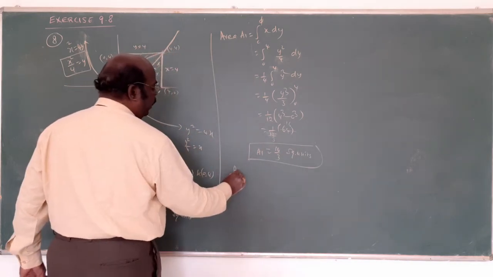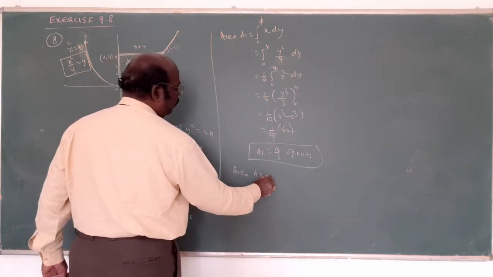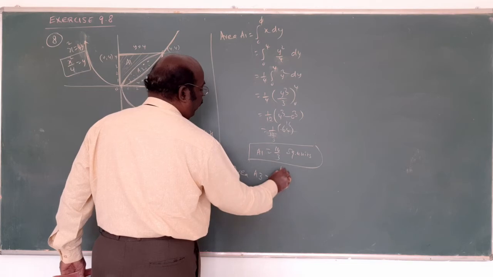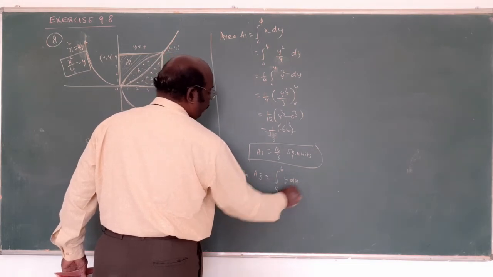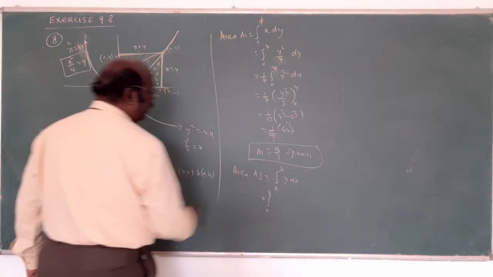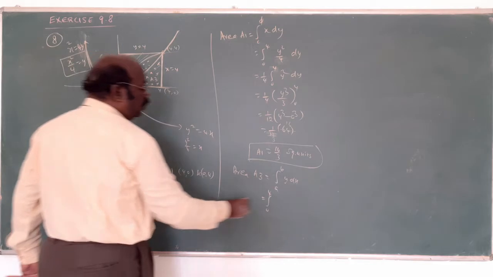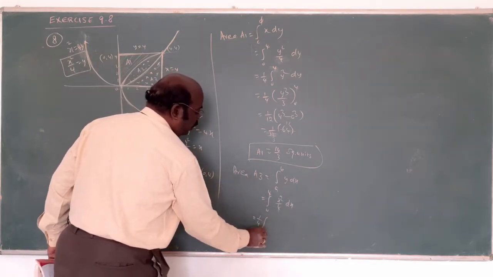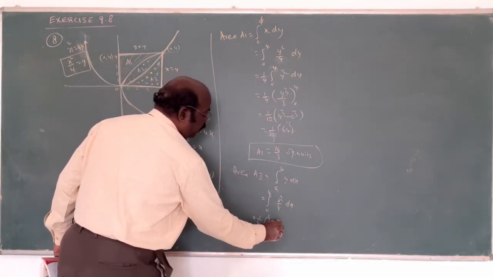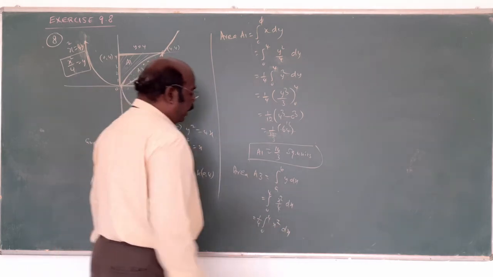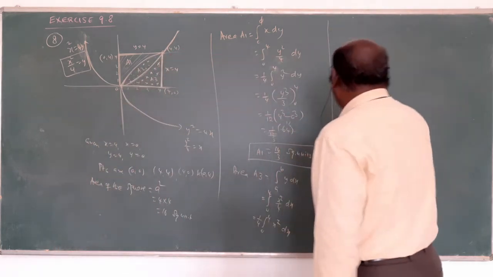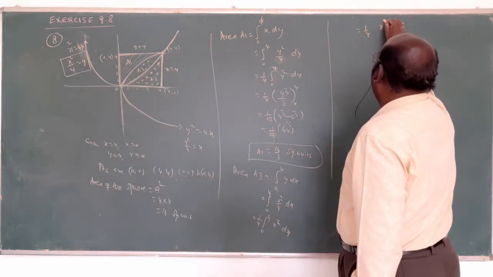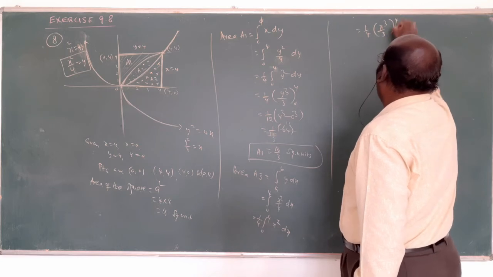Similarly, find area A3. Here also the limit is 0 to 4, the same limit. Y is x squared by 4. Then 1 by 4 into the integral from 0 to 4 of x squared dx. Integration becomes 1 by 4 into x cubed by 3, from 0 to 4.